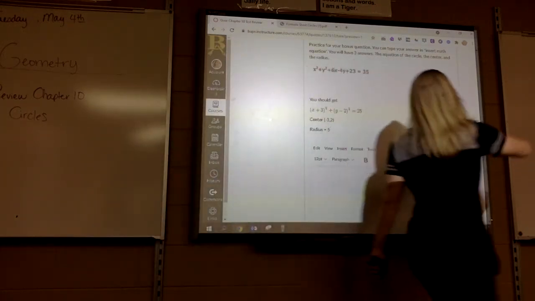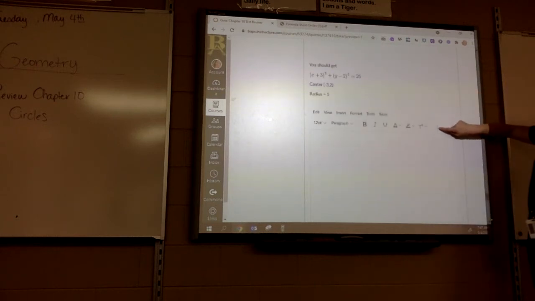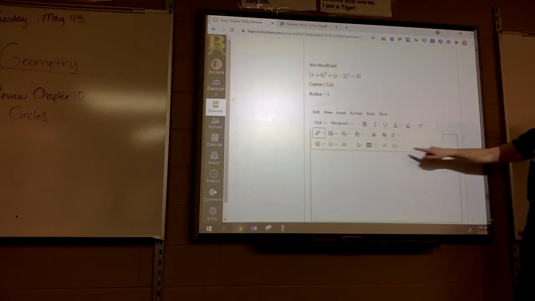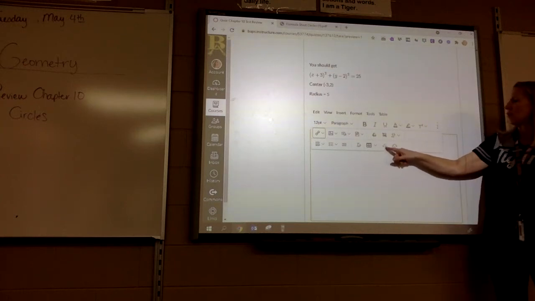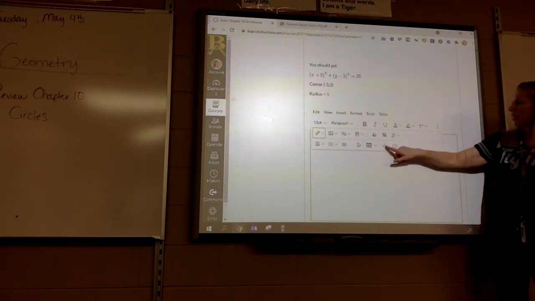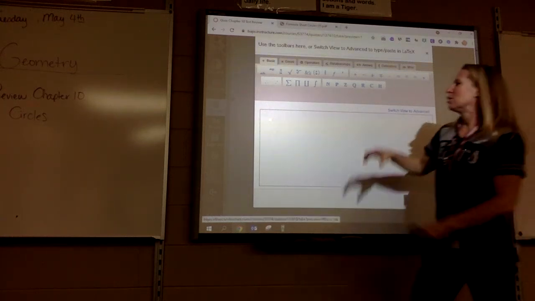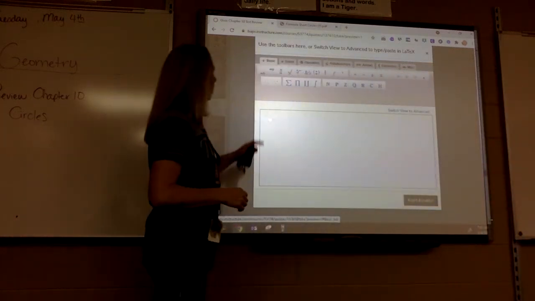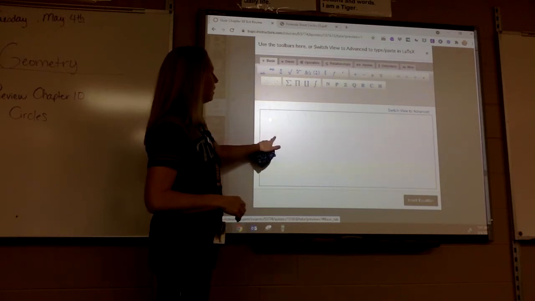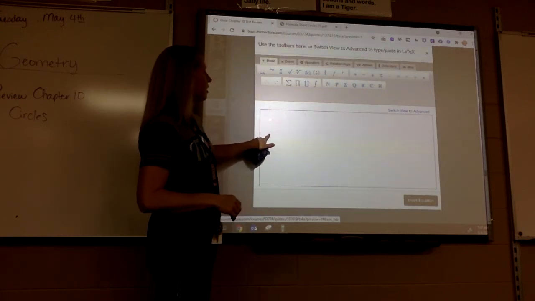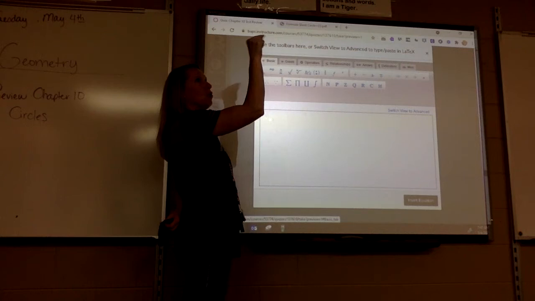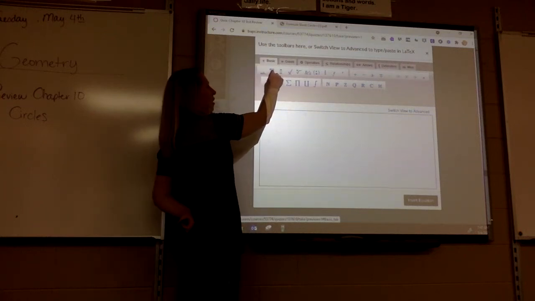But to type it in, do you see those 3 dots there? If you click the 3 dots, do you see this square root with an X? If you click that, that brings this up. So you can hit your parentheses. To make it the little 2 on top, you'll hit this up thing right here.